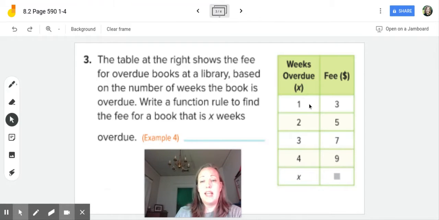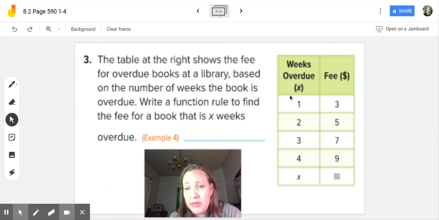So we have to say, what am I doing with the X to get this output? Well, I could say 1 plus 2 is 3, but then I have to show that it's the same every time. 2 plus 2 is not 5, so it's not that. 1 times 3 is 3, but 2 times 3 is not 5. So we got to figure out something a little more complex.